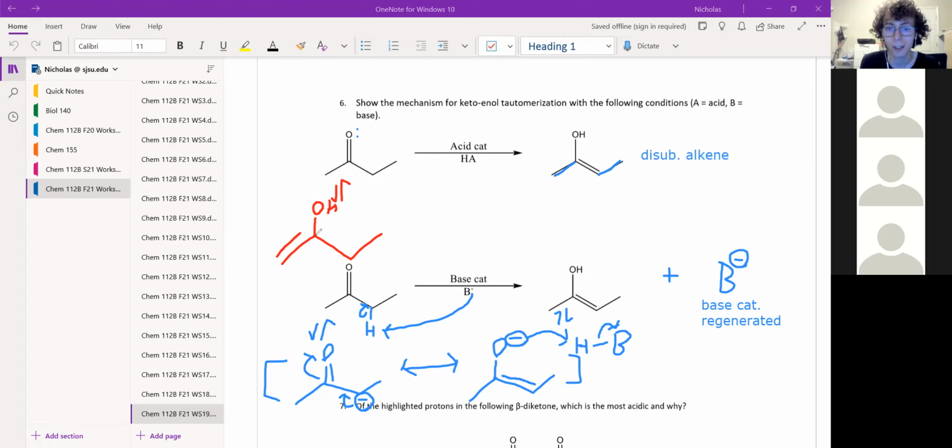And then for the one in red I drew down here, it just has this chain, so it's mono-substituted, so it's less substituted. Or stable, I said.